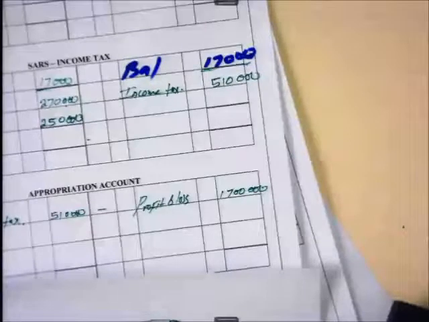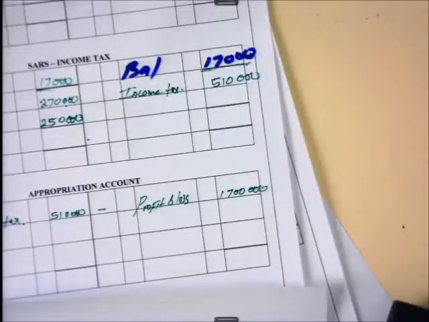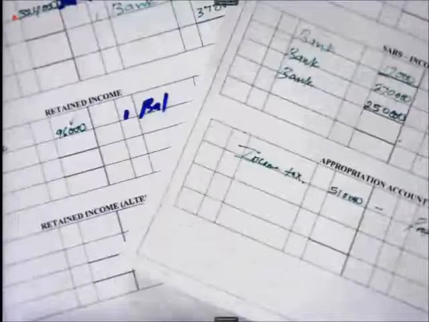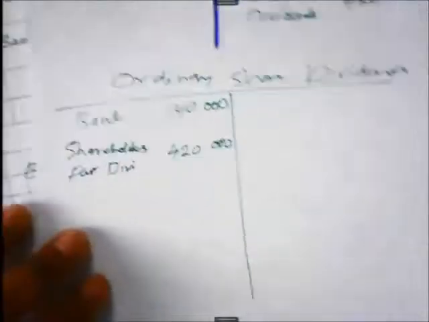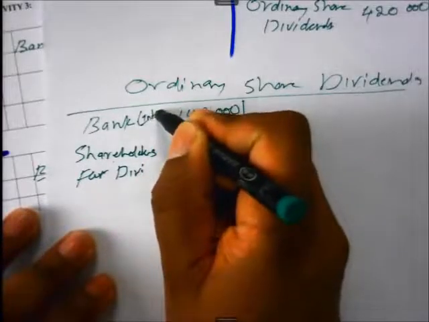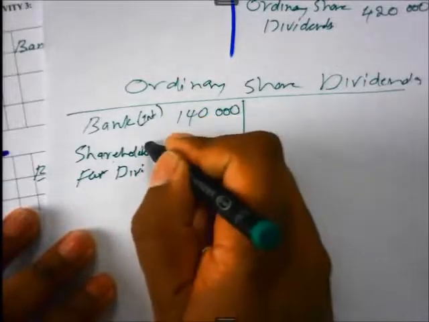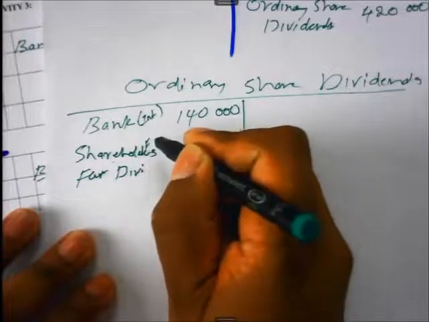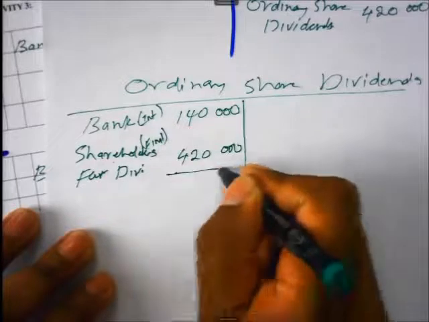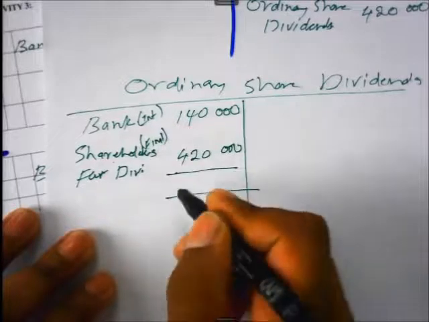Now we must close off the accounts that need to be closed off and balance those that need to be balanced. The first account that I'm going to close off is my ordinary share dividends. Remember, the bank shows your interim dividends and shareholders for dividends shows your final dividend. And the total of the two will give you your total dividends.